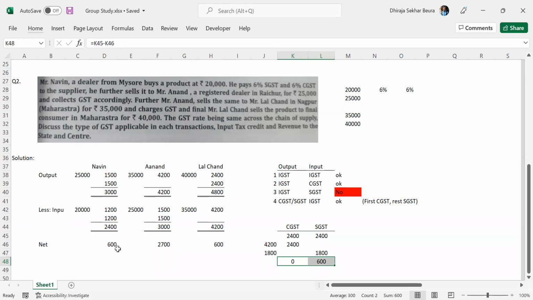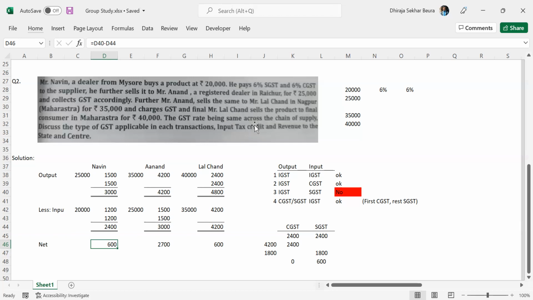So now that we have calculated the net amount payable by each individual, which is 600 here, 2700 here, and 600 here, we can easily determine which is SGST, which is CGST, which is IGST, right? Now accordingly we can take a call on the last part.